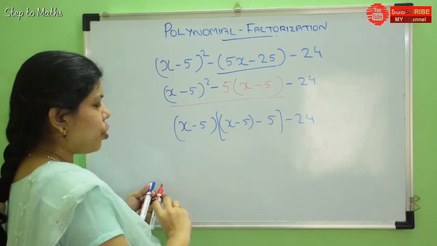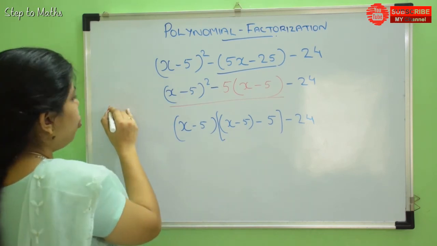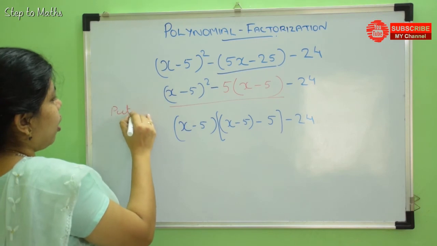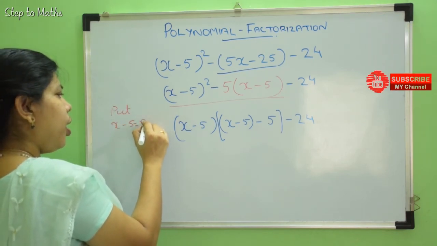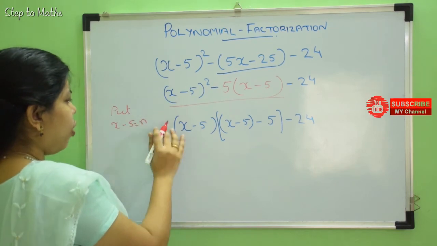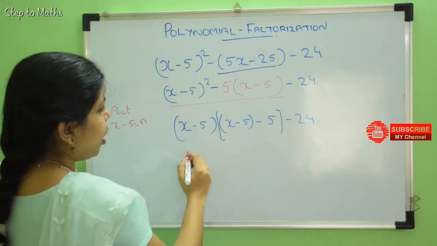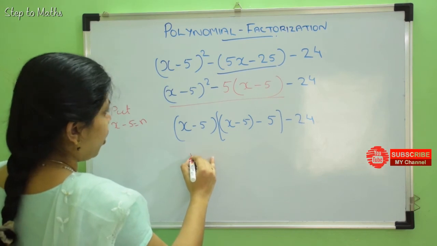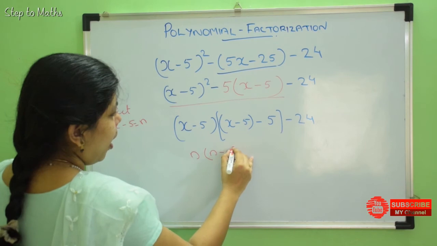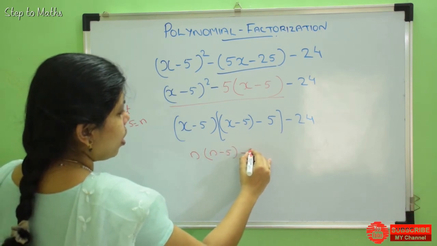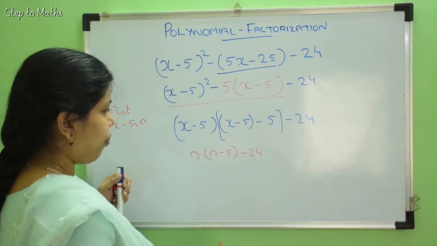Now make some substitution, that is put x minus 5 equal to n, another variable. Now this becomes n into (n minus 5) minus 24.